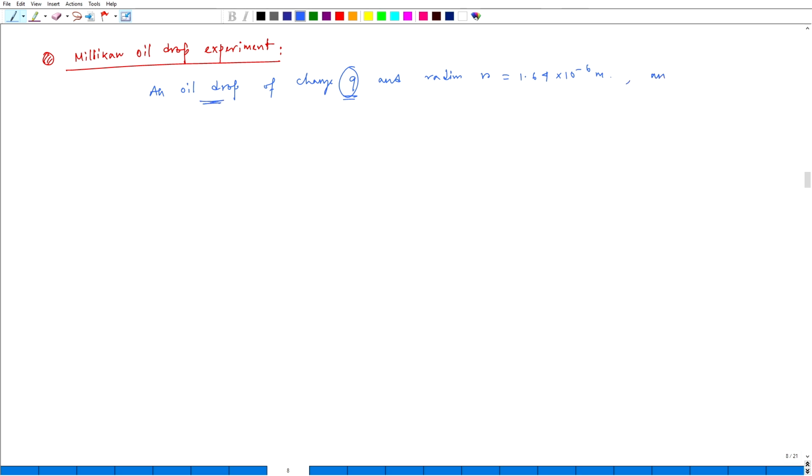The mass density of the oil is 8.51 times 10 to the power 2 kg per meter cube. We use SI units. The drop is allowed to fall from rest and then enter a region of constant external electric field E.